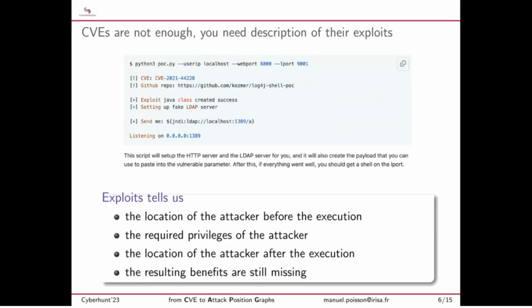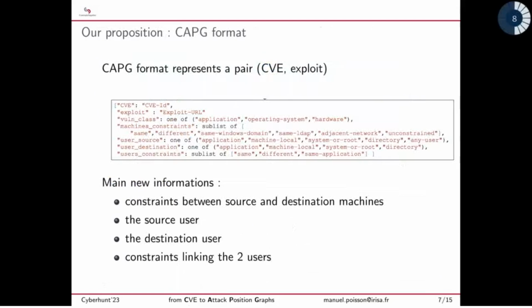So our proposition was a format called CAPG, which means from CVE to attack positions graph. It represents a pair of a CVE and an exploit. It gives information about the constraints between the source and destination machines before and after the exploitation of the CVE, the source user, the destination user, and the constraints linking these two users.